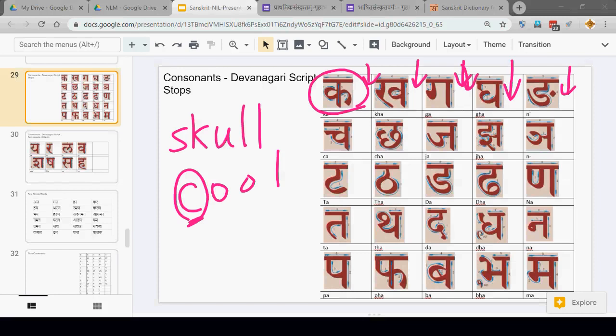That is the fifth column. So all the sounds in the fifth column require air to pass through the nasal passage also, in addition to the mouth. So nga, nya, na, na, ma.